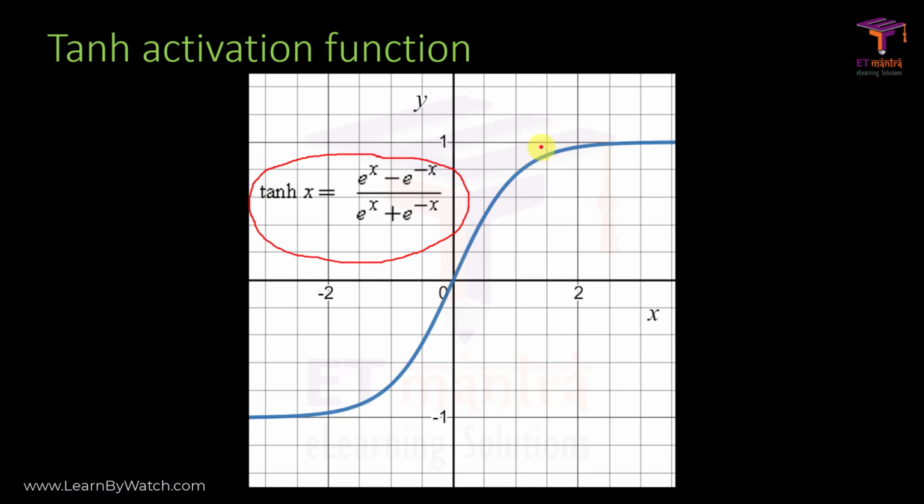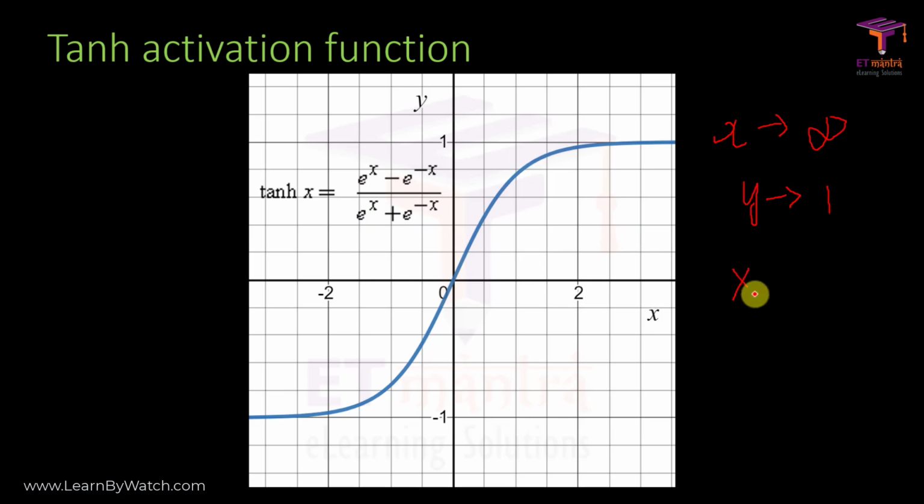If x is very large, suppose x tends to infinity, then e raised to power x goes to infinity, e raised to power minus x goes to 0, and so this y tends to 1.